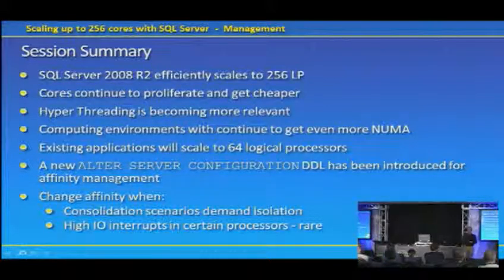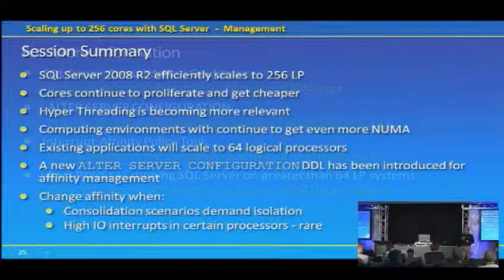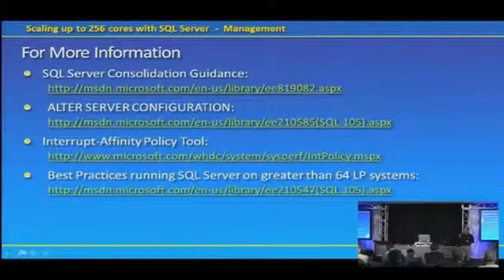No longer do you have to do the SP config and learn obscure syntax. And really, consolidation is where you should be thinking about affinity. And it's certainly not cache locality. And even the high I/O interrupts, I think, is pretty rare. So I have some additional links there that are in the presentation. If you are of a hardware bent, not to expose my biases and strange obsessions, but damn interesting reading.